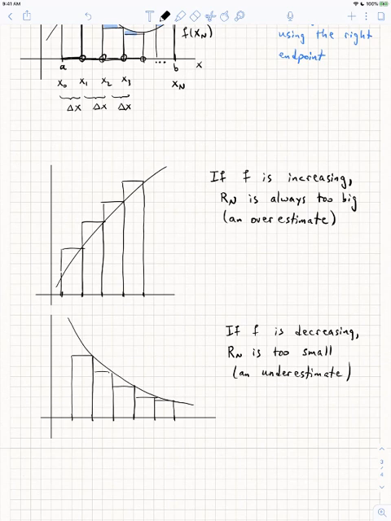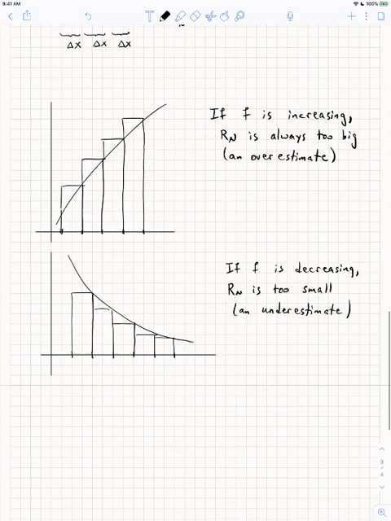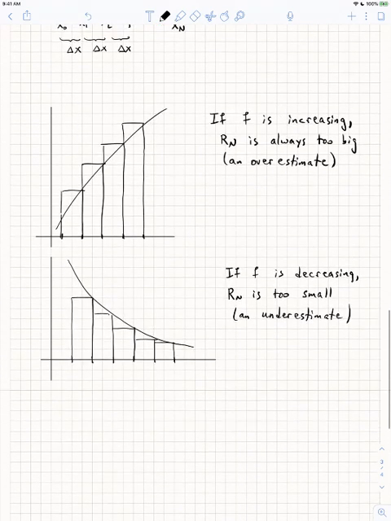And the statements are reversed for Ln. If you start with an increasing function and you look at Ln with the left endpoints, then you'll always be underneath, like so. So in this case, Ln is an underestimate.